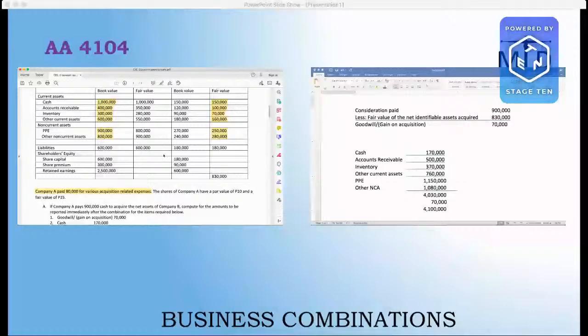So for all the other assets, class, nothing tricky, just add the assets of the acquirer at book value and the acquiree at fair value. There are only two things to be mindful of, class: the combined cash. For your combined cash, please do not forget to deduct consideration payments and payments for acquisition related costs. And as a last note, do not forget to include any resulting goodwill.